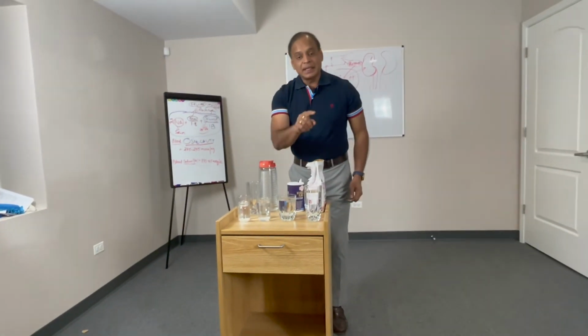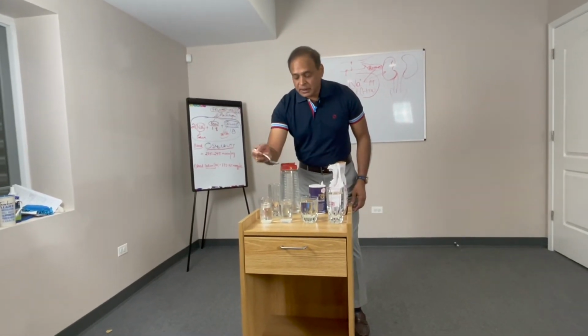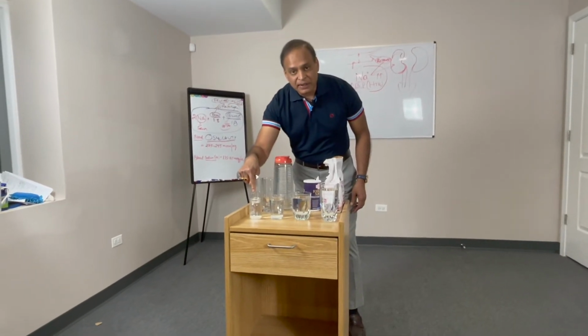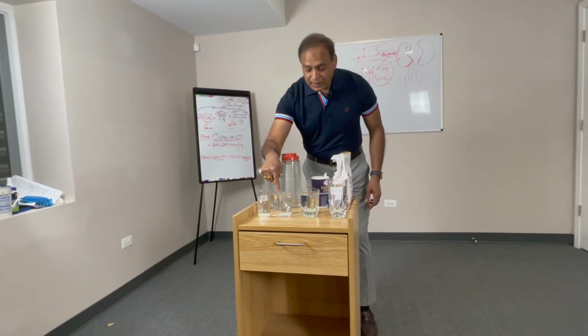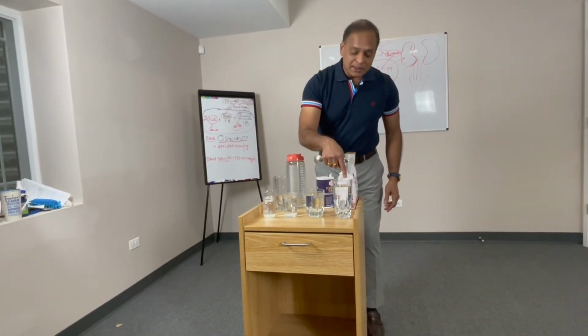Now you can guess that if the same amount is in lesser volume, this is more concentrated, this is less concentrated, this is even less concentrated, and this is much less concentrated.